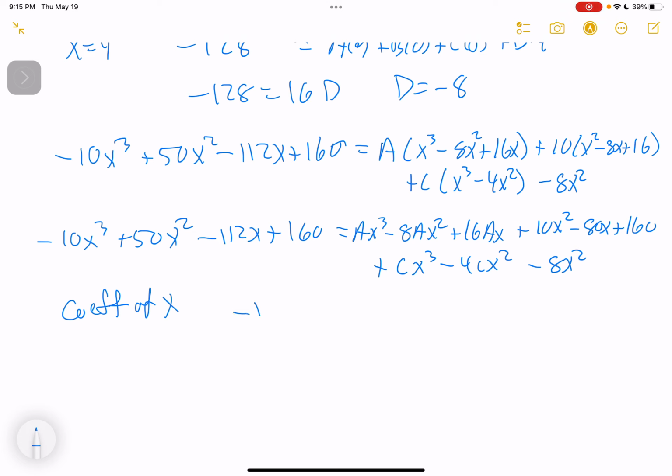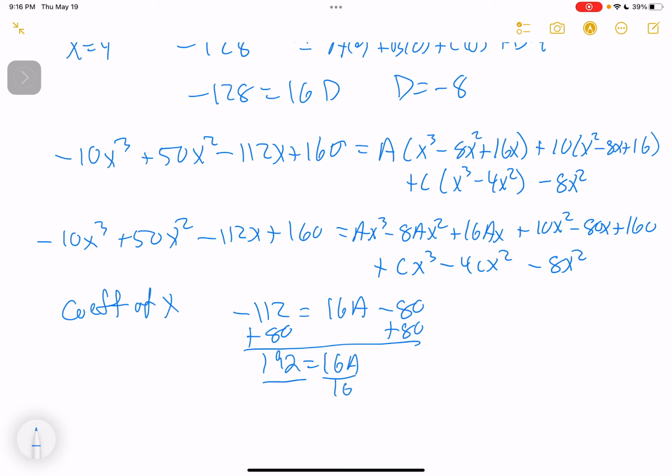On the left, it's negative 112. On the right, we have 16a and a minus 80. So I can take that minus 80 and add it to both sides, and I get 192 equals 16a. I can divide by 16, and a equals what?